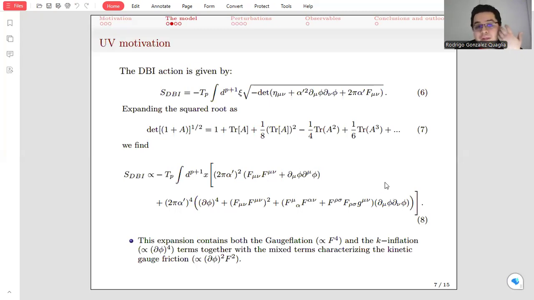However, if we carry on this expansion up to alpha prime fourth order, we encounter our new kinetic gauge friction terms, but we also encounter higher order corrections to the kinetic term of the scalar and to the kinetic term of the gauge fields. And indeed, these last two are featured in what is called the gaugeflation model, which is characterized by the F fourth term, and the K-inflation model of inflation, which is characterized by the higher order correction to the scalar kinetic term.